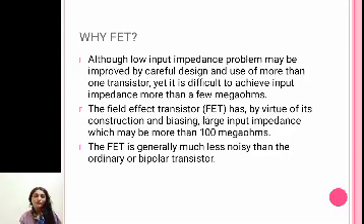When we talk about the field effect transistor, by virtue of its construction and the biasing which it has, it provides large input impedance, of the order of 100 mega ohms or more. And the FET generally has a much lower noise level as compared to the ordinary or bipolar transistor, and this is the reason why we choose the field effect transistor over the ordinary transistor.